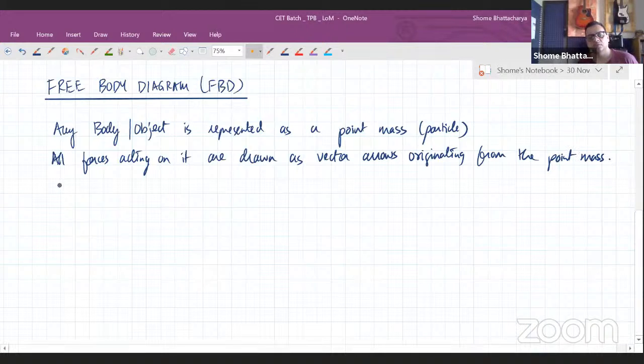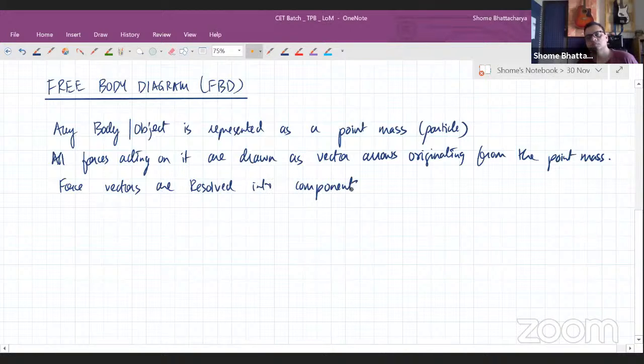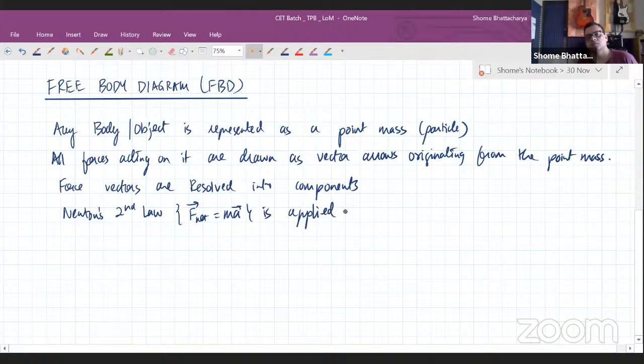Then next step, force vectors are resolved into components. Okay. And finally, Newton's second law, net force is equal to mass into acceleration, is applied in component form.